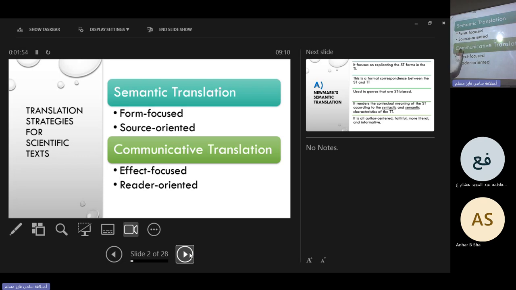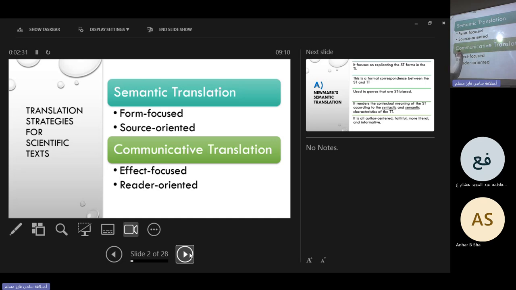What about the communicative translation strategy? What does communicative mean? Where does it come from? Which verb? To communicate. So what does communication mean? The word communication, what does it mean? To send and receive messages between two or more media outlets or persons.